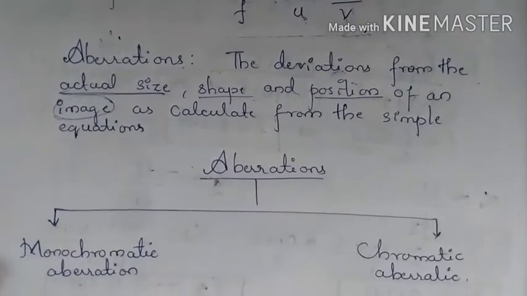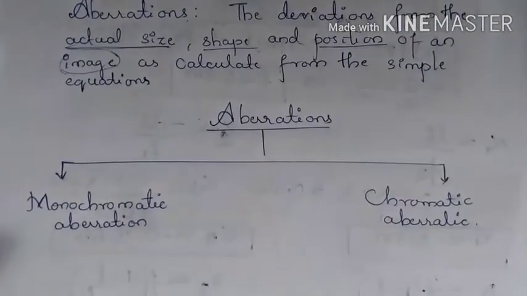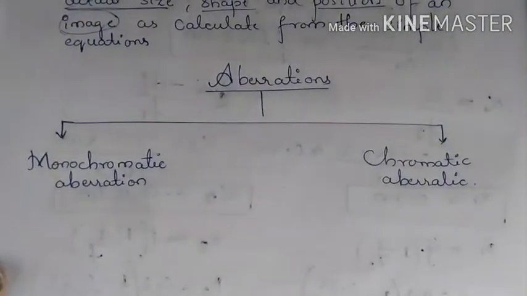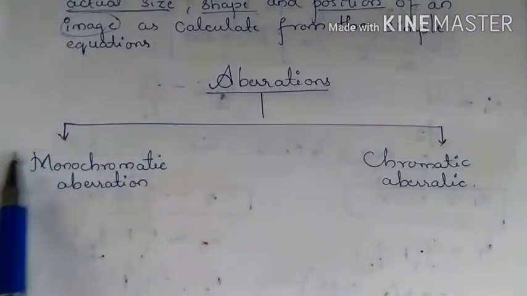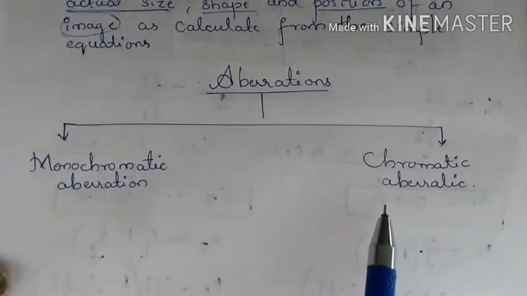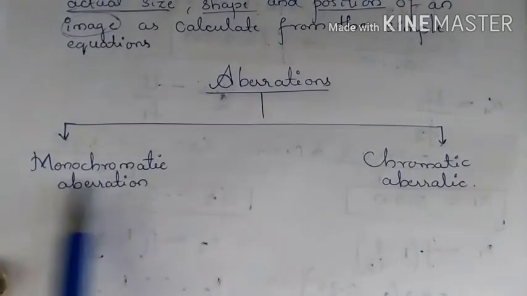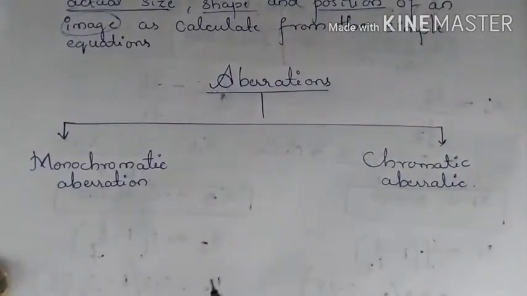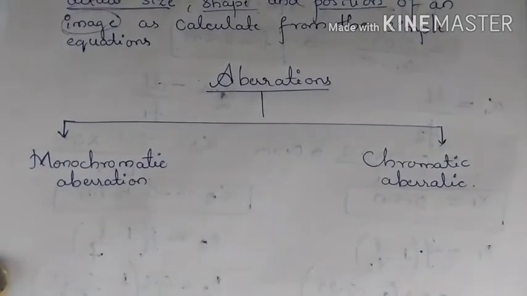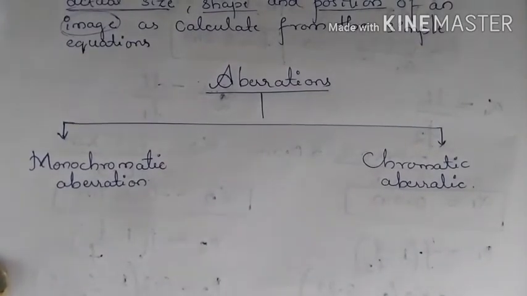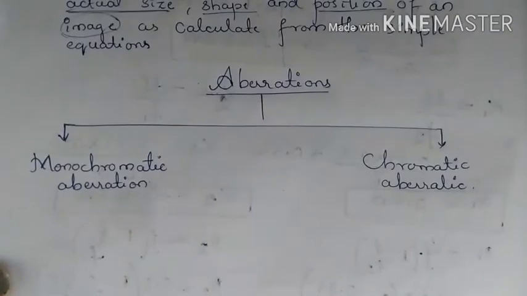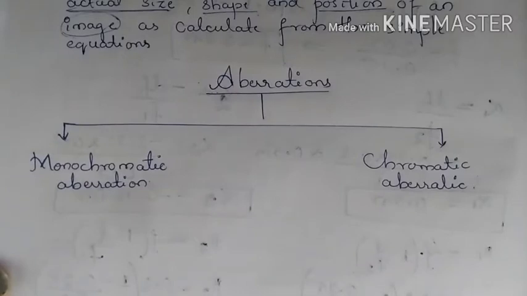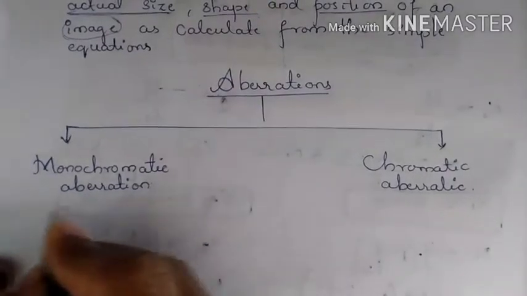The name itself says mono means single, chromo means color. If light has a single color or a single wavelength, it is known as monochromatic light. If the light carries rays of different wavelengths, it is known as chromatic light. Aberrations caused when monochromatic light is used are known as monochromatic aberrations.